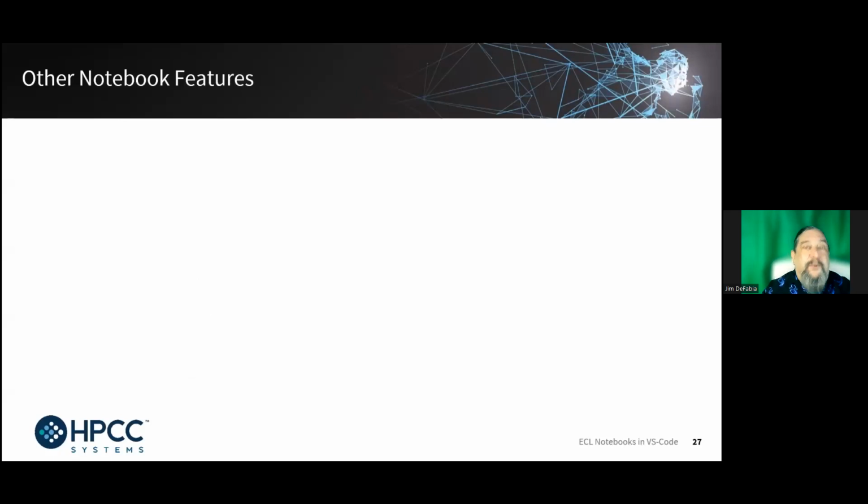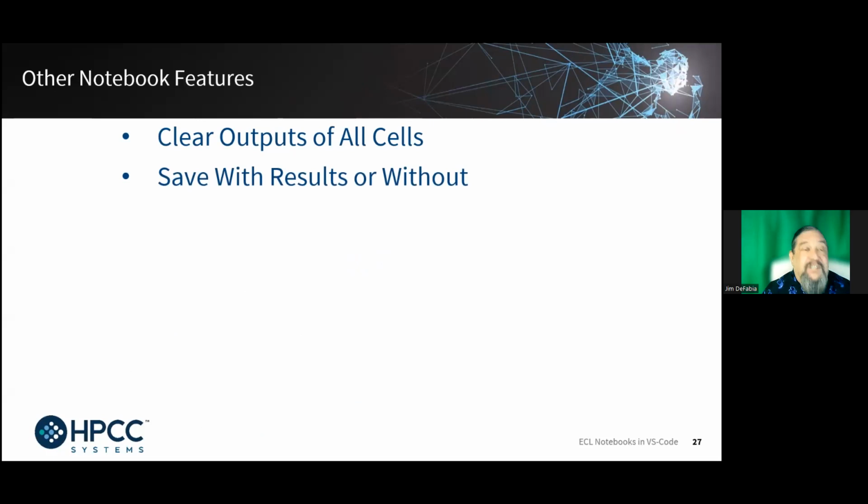So what are some other notebook features? You can clear the outputs of all cells. If you recall, when we ran those notebooks, the results were displayed below each cell. We may want to clear everything and just start all over again. And you can save a notebook with or without results.